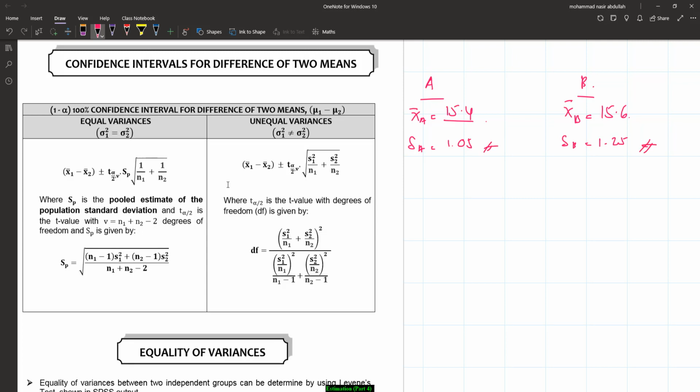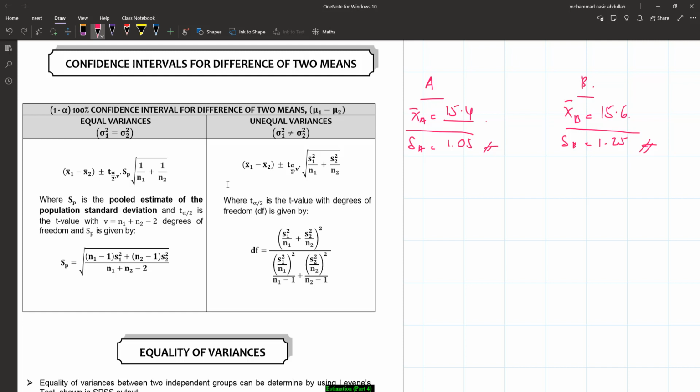So if you have two samples from one population or two populations, we want to know whether the mean of A is equal to the mean of B. Remember in chapter 2, we already learned the coefficient of variation, so we wanted to know which one is more consistent. Now the objective is to know whether A and B are equally distributed.